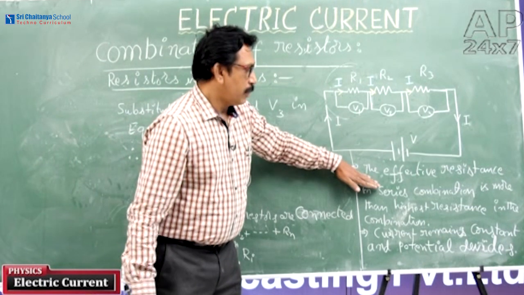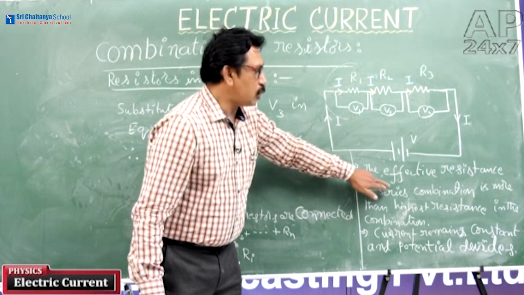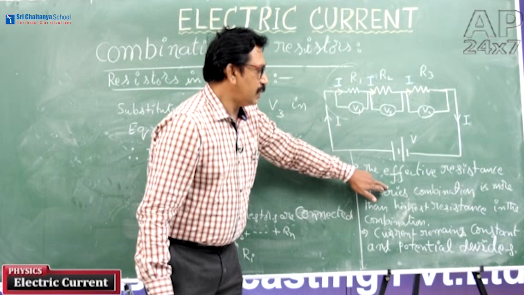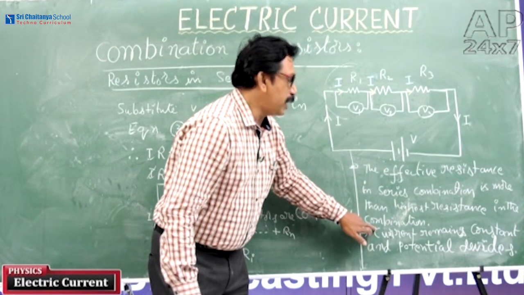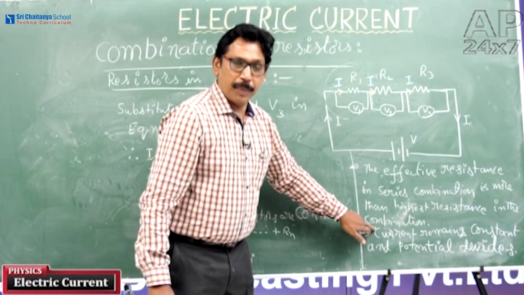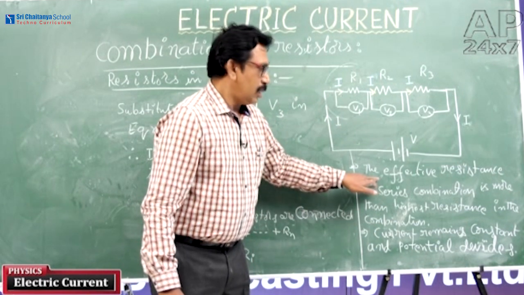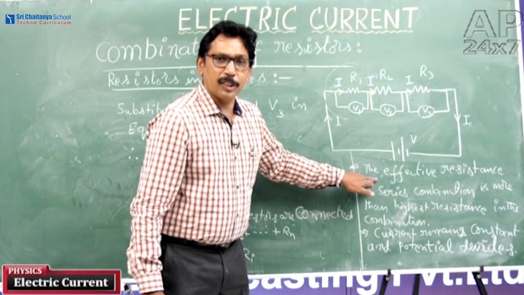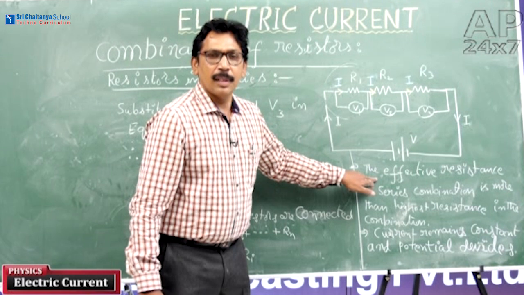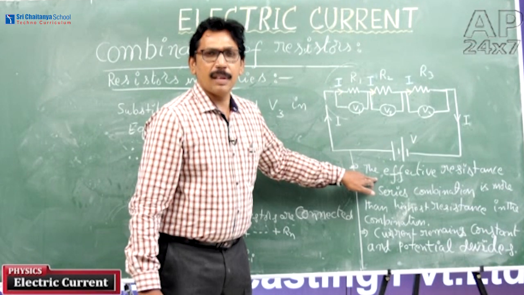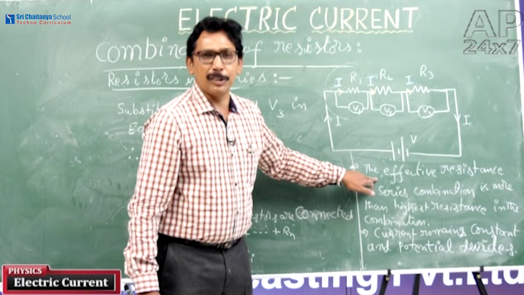Number one, the effective resistance in series combination is always more than the highest resistance in the combination.